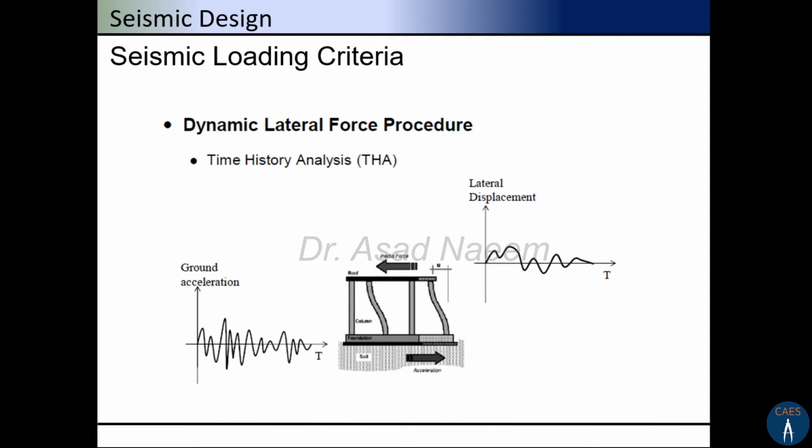After applying the ground acceleration, we evaluate the lateral displacements, stresses and forces induced due to that ground acceleration. The ground acceleration can be from past earthquakes, or from artificially created earthquakes.